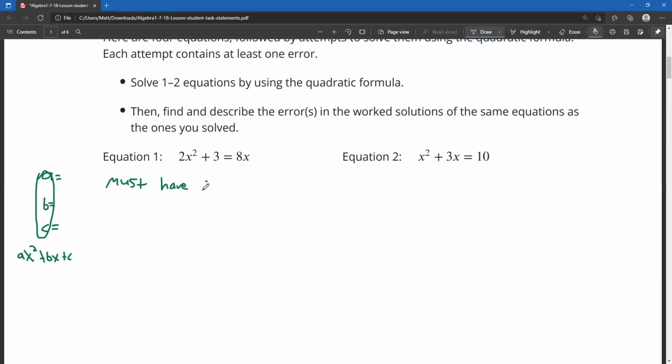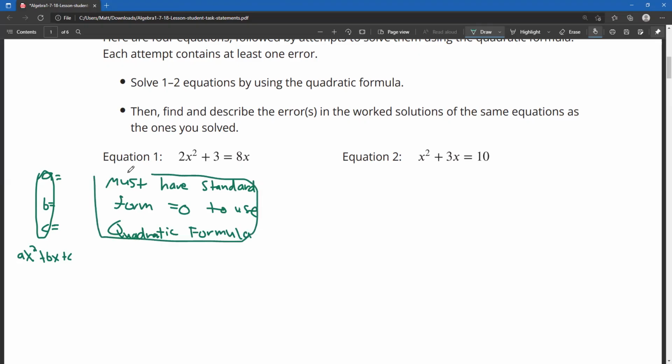So we must have standard form equal to 0 to use the quadratic formula. We have to manipulate this equation before we use it.